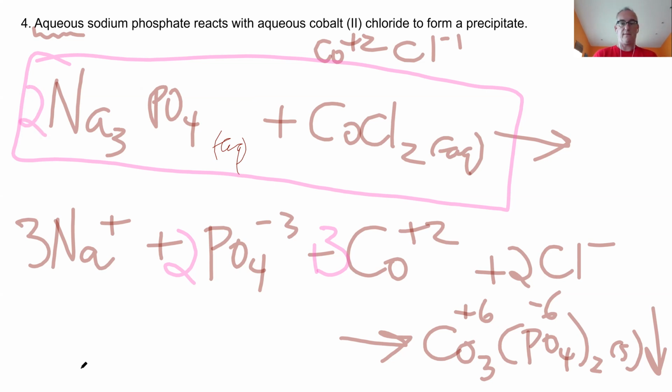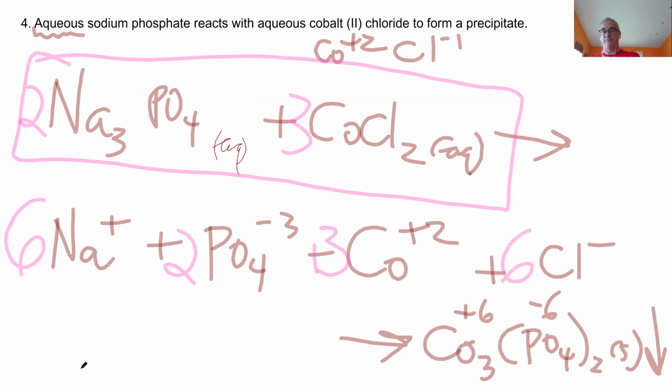Yep, I put 2 there, and put 3 there. Exactly. So that changes the number of moles of sodium ions and chloride ions I have, right? So I'm going to have to change those now. So what do I change those to? They will both be 6. Yeah, exactly. They'd both be 6.